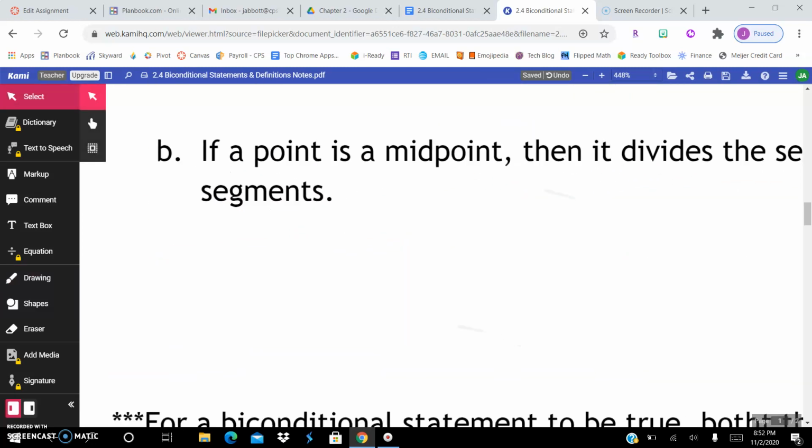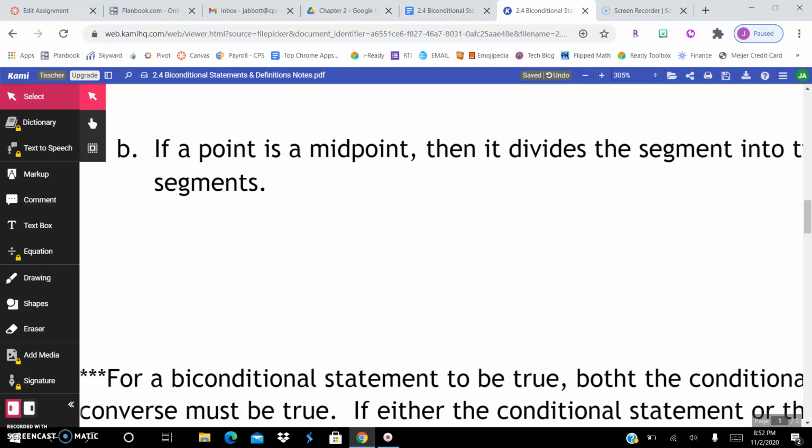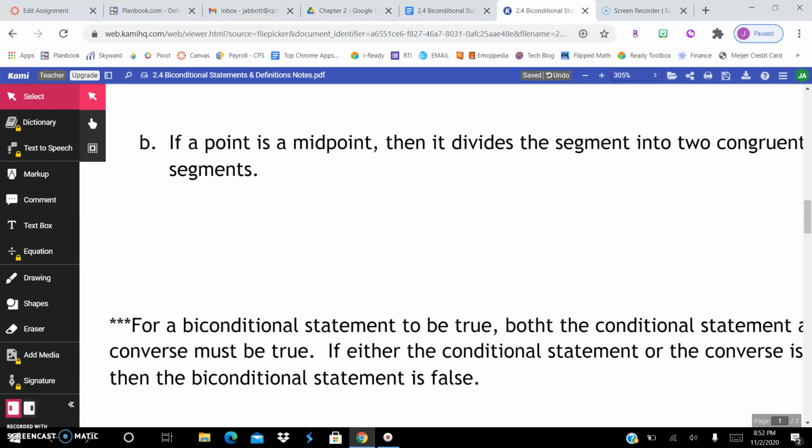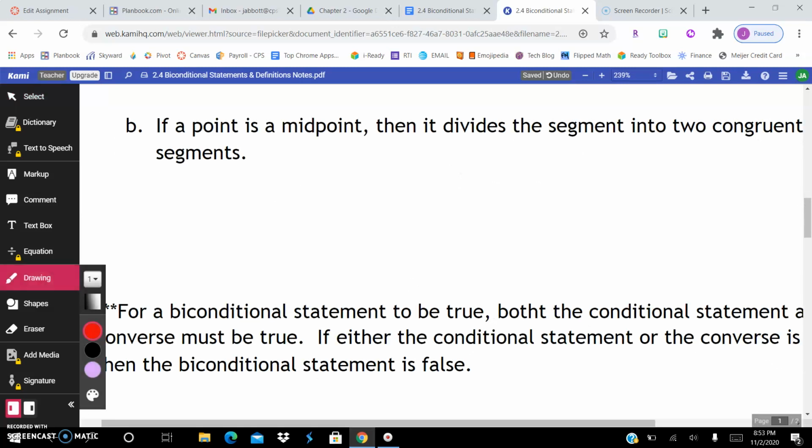So down here, this one says if a point is a midpoint, then it divides the segment into two congruent segments. So the if is the P, and the then is the Q. So this is the conditional, we have to write the converse. And so we flip it.